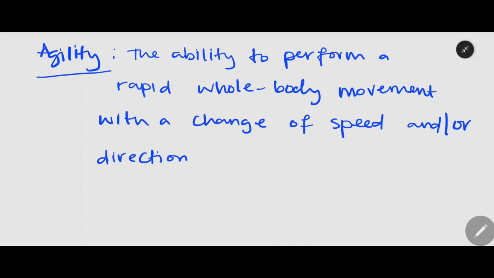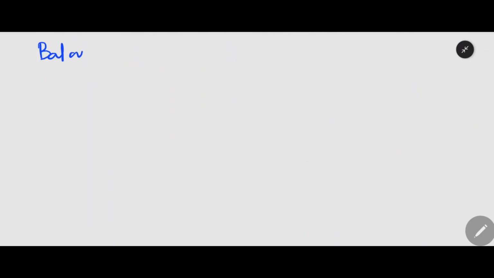And usually agility would be in response to an external stimulus. So for example, in football, you might express agility by trying to get away from a defender. So in that case, you're responding to the defender.